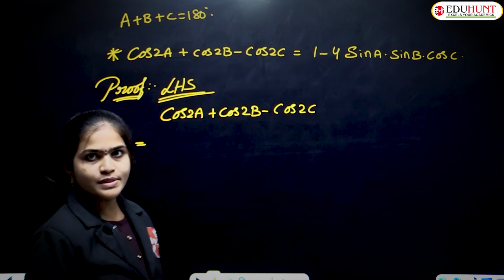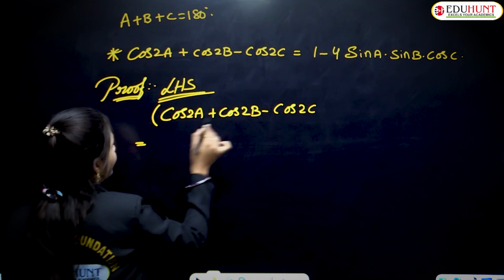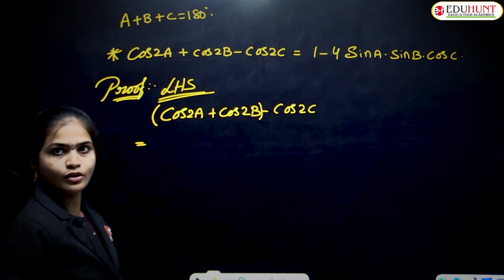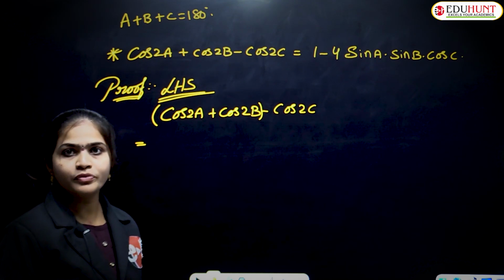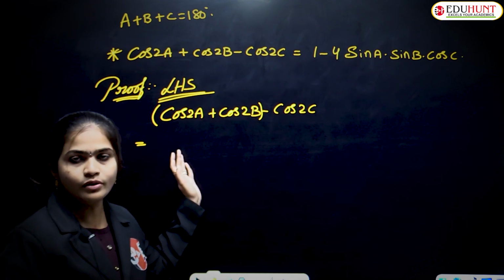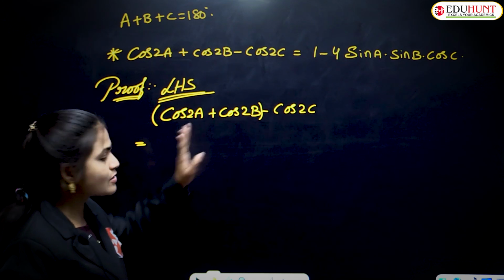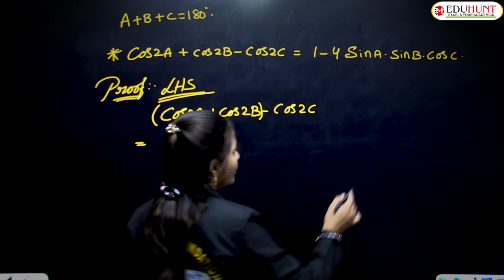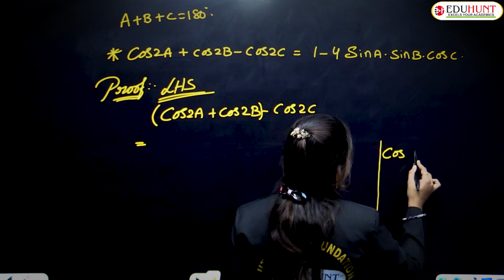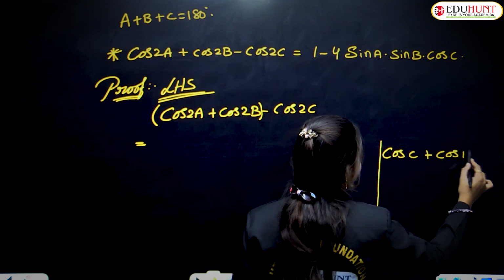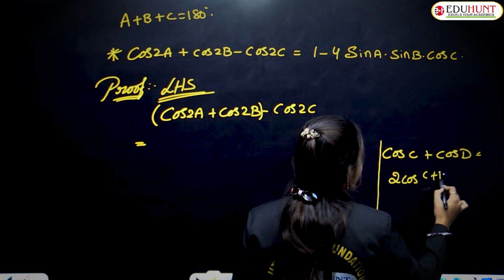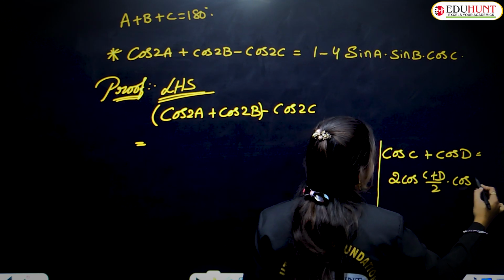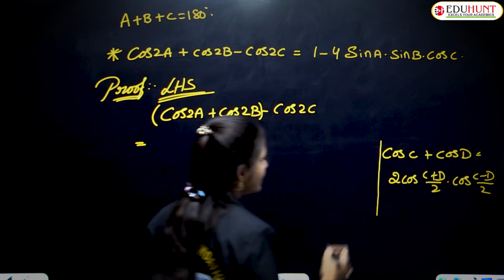From this, cos 2a plus cos 2b, what is the formula for that? Already we did it in the previous one, no? So cos c plus cos d formula, what is that? Cos c plus cos d is equal to 2 cos of (c plus d) by 2 cos of (c minus d) by 2. Apply the same formula here.